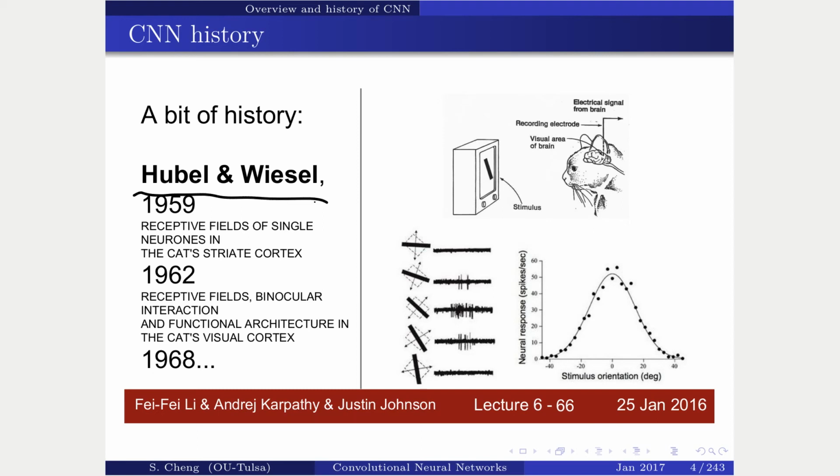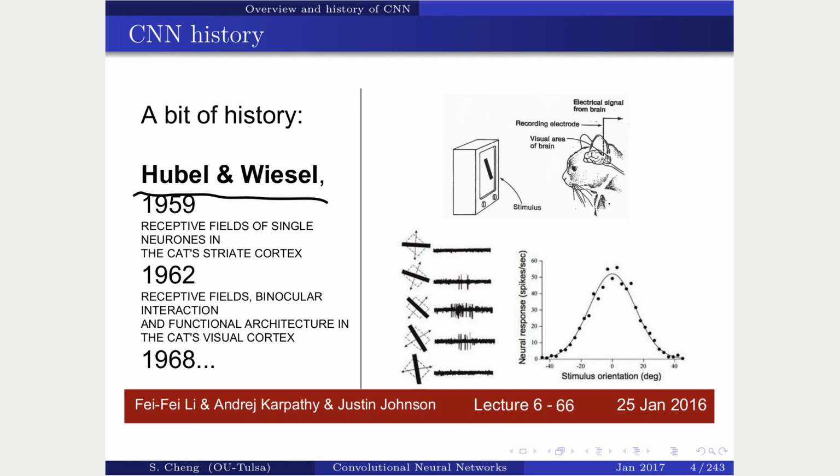to this Hubel and Wiesel paper, in some biology journal, saying they did experiments on a cat and tried to probe into the brain cells and look for stimuli and different patterns.